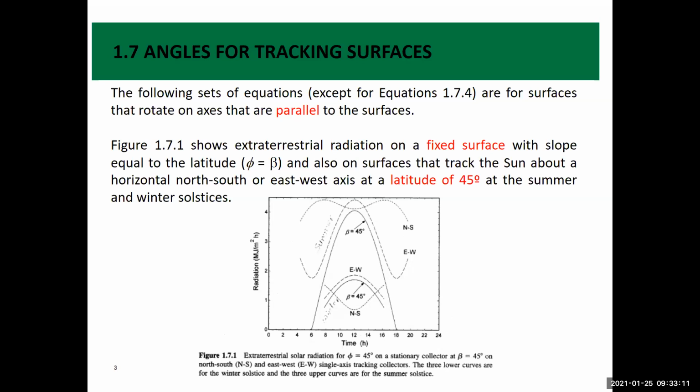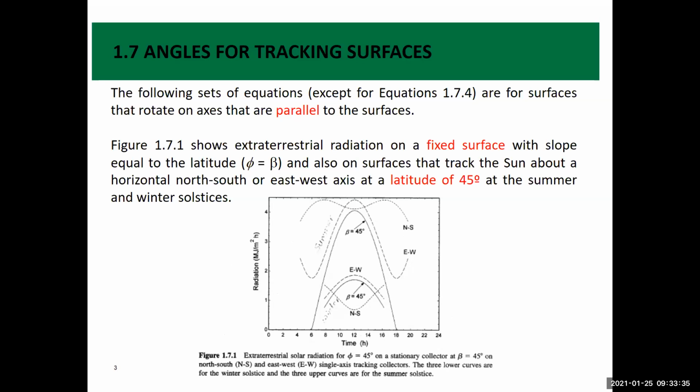So this is the total quantity which is arriving before hitting the Earth. It is coming on a fixed surface with a slope equal to the latitude, and on surfaces that track the sun about a horizontal north-south or east-west axis, at a latitude of 45 at the summer or winter solstice.